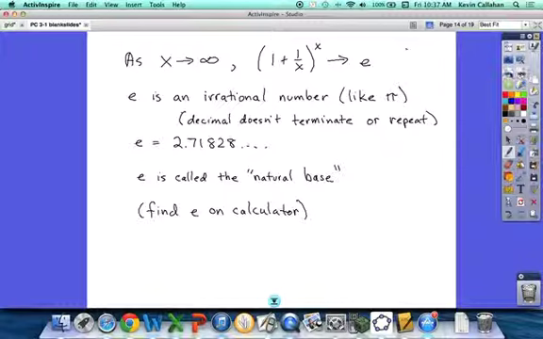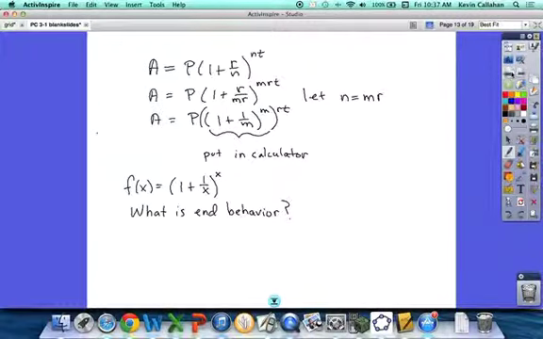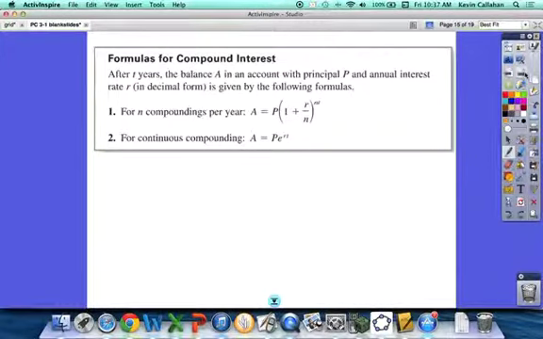So if you remember in our formula here, we've just said as we let the number of compoundings increase beyond a certain point, this number in here is all going to be E. So that leads to a different formula, at least it looks different, for what they call continuous compounding.